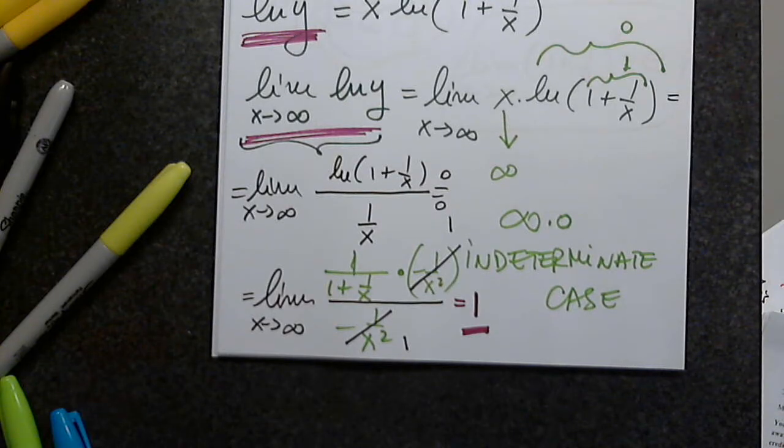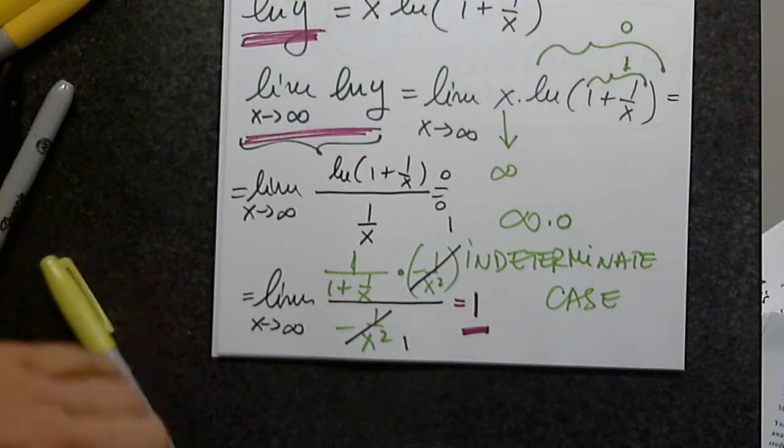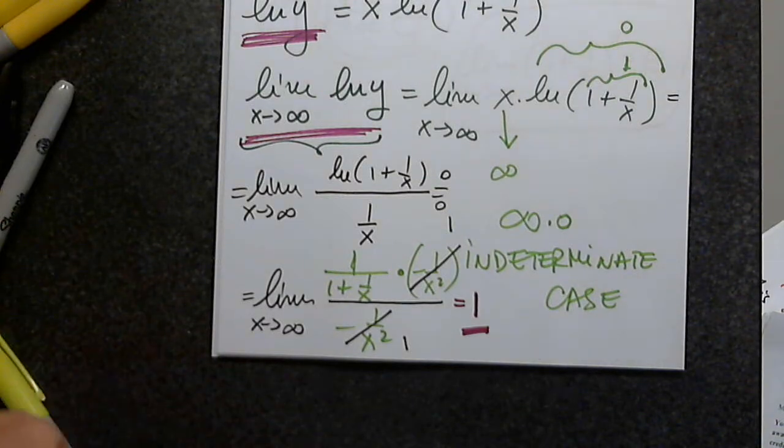We never do that in real life, other than inside a limit. So we realize L'Hopital's rule is only applied to limits, only to ratios, and only if the indeterminate case is 0 over 0 or infinity over infinity.